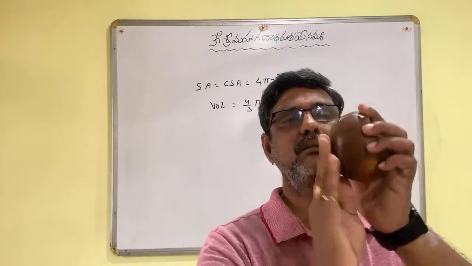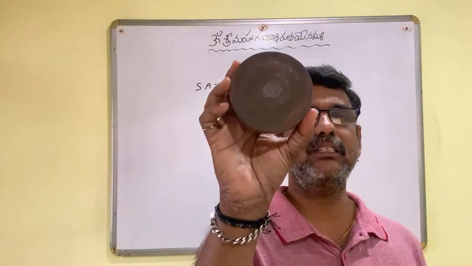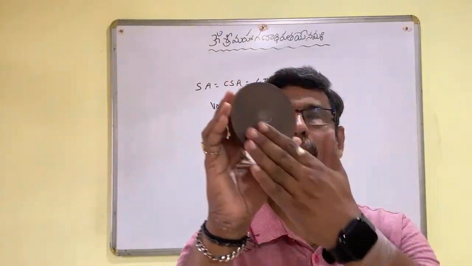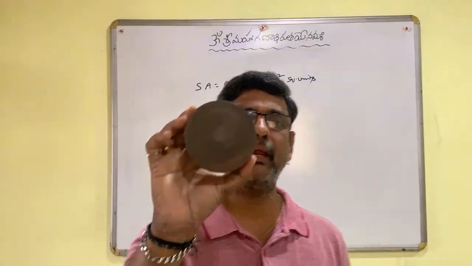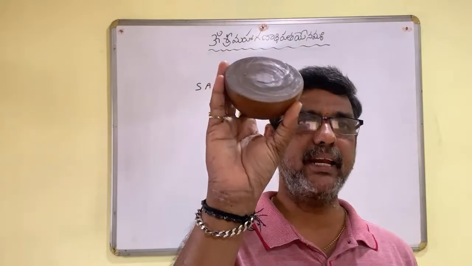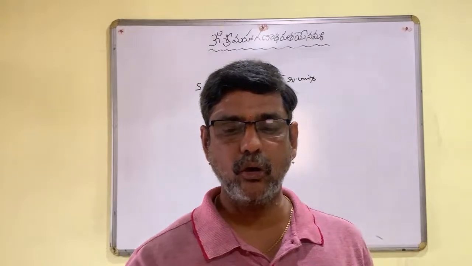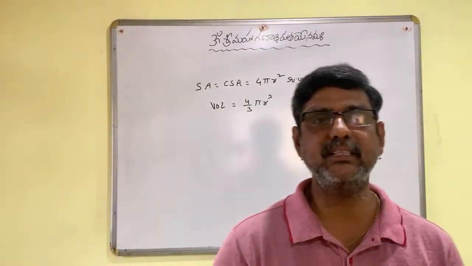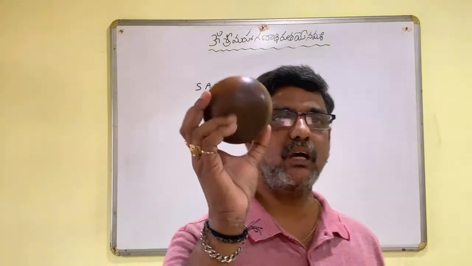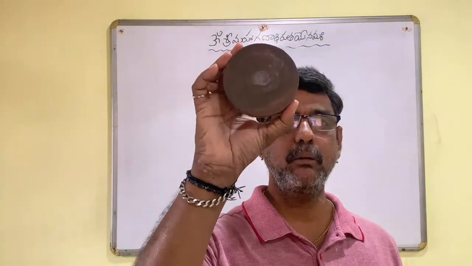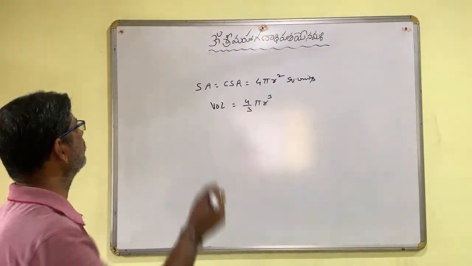One is a curved face, the other one is a plane face. The plane face is in the form of a circle. Now, this is about sphere.